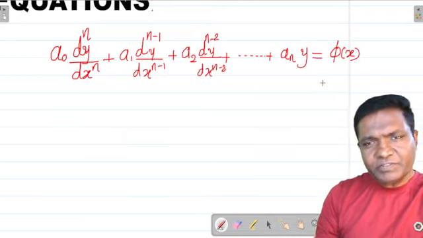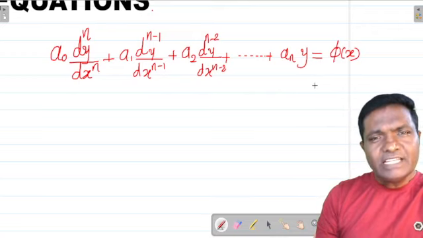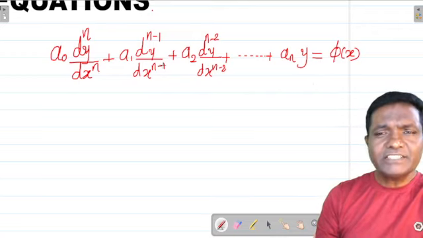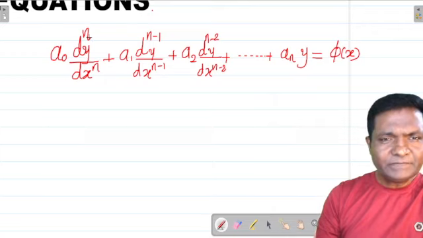Differential equations of this form are called linear differential equations of order n.